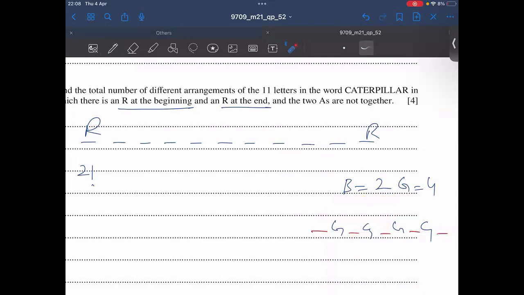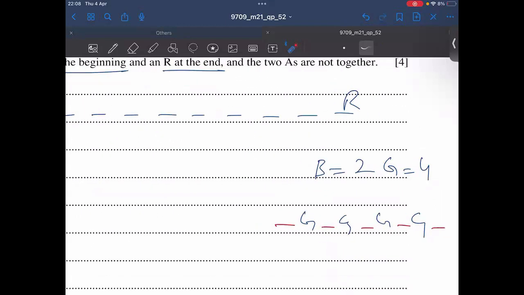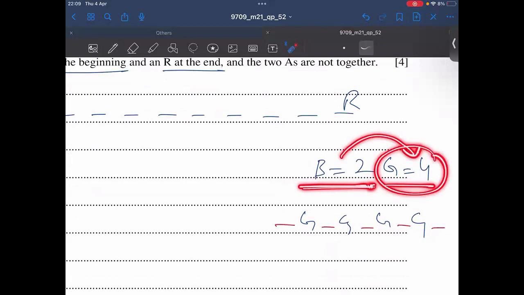So what I want to explain to you is, for example, I was just keeping the boys separate. The boys were not together. So apart from these 2 boys, how many girls do I have? 4.